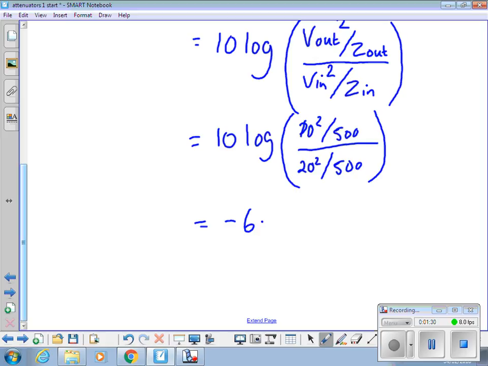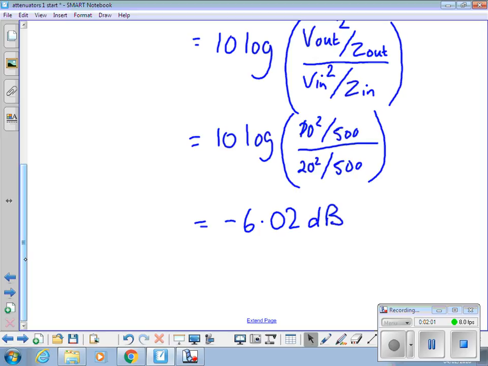minus 6.02 dB. And for the calculator, we need to strip off the negative value. All the minus sign is saying is that it's a negative gain. So if we want it as an attenuation, we just take the negative sign away. If you put minus 6 in the calculator, it won't work properly, because you're trying to build an amplifier.